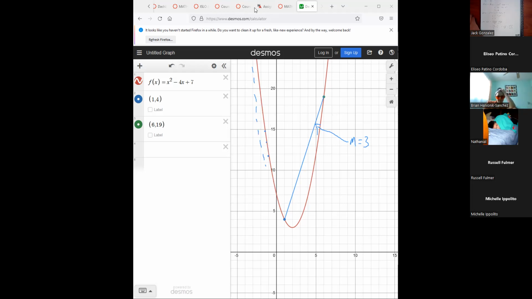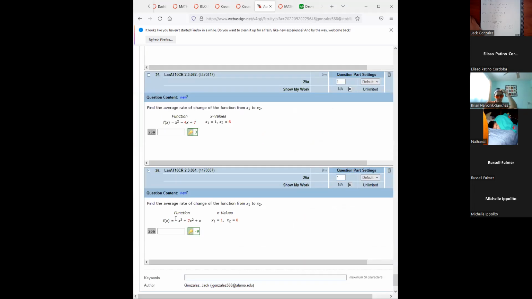Or if they're forces, then the slopes will be different things. But anyway, all you have to do is use the formula, plug in x1 and x2, find your functional values, and just plug them into the formula. That's it. You get a number. Just remember what that number means.